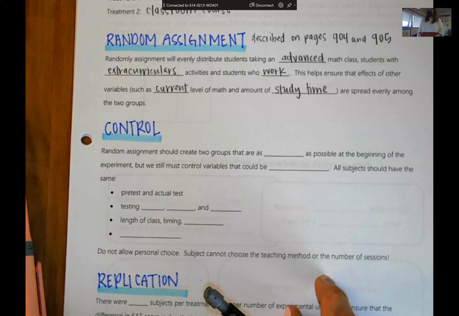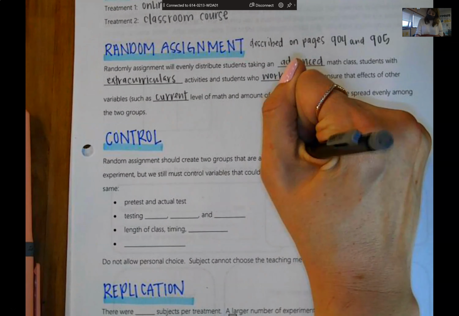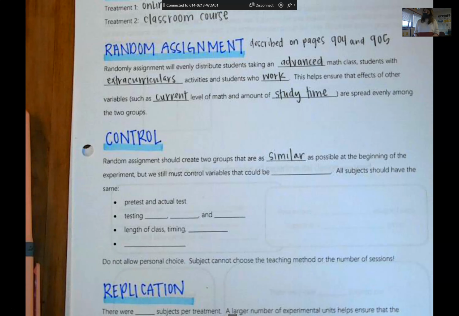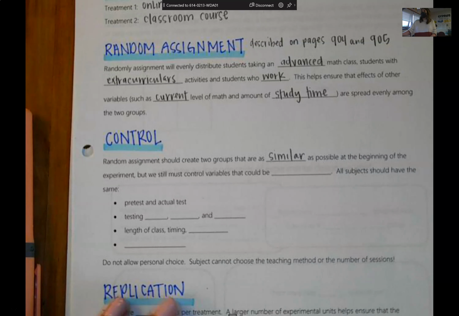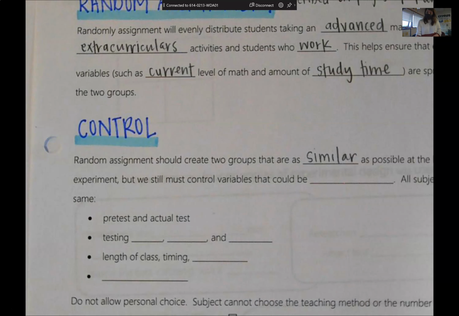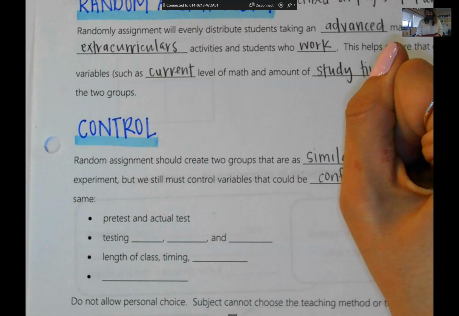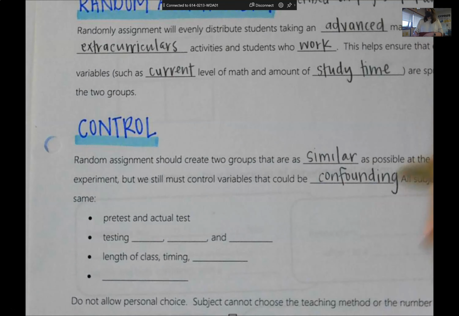Okay, next up is control. Random assignment should create 2 groups that are as similar as possible at the beginning of the experiment. But we must still control variables that could be confounding. So we want to control all the things that we can.